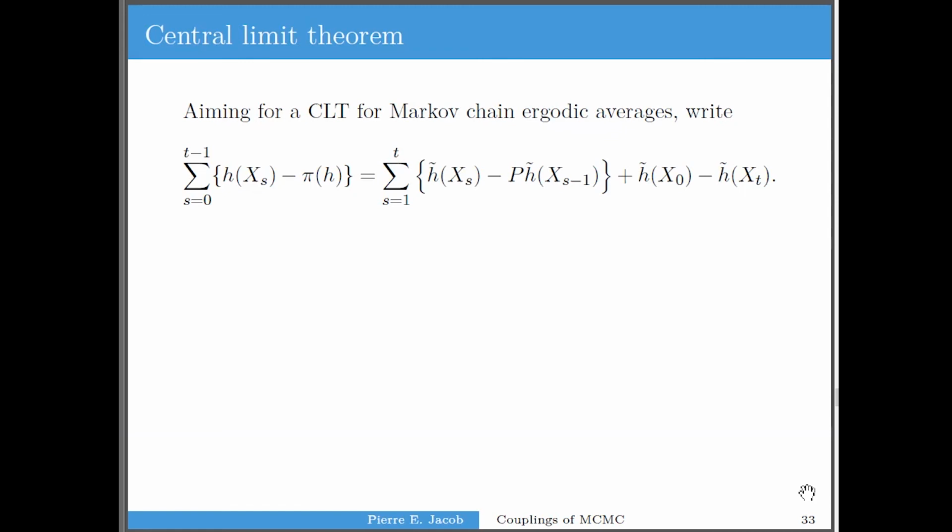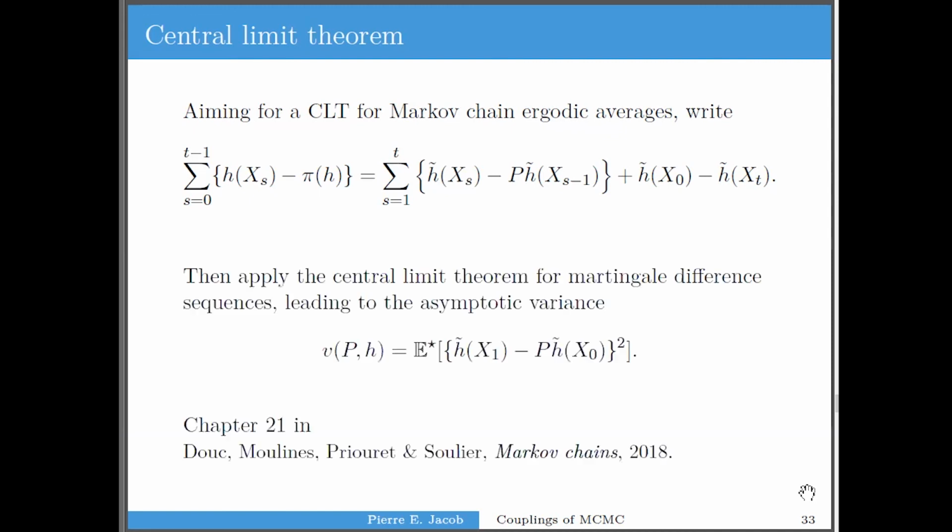Then you use the solution, h tilde, so you can write h minus pi(h) as h tilde minus P h tilde. You put the boundary terms on the right-hand side, and you have a sum of differences that in fact have expectation 0 given X(s-1). It's nice because then you can employ the so-called martingale difference sequence argument. If you apply a central limit theorem for martingale difference sequences, you get directly the form of the asymptotic variance as the expectation of the square of those terms.